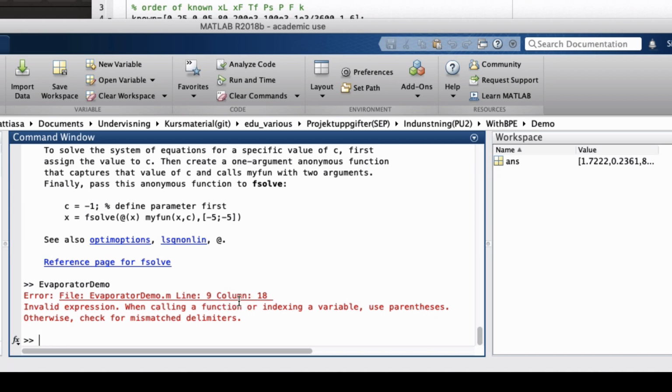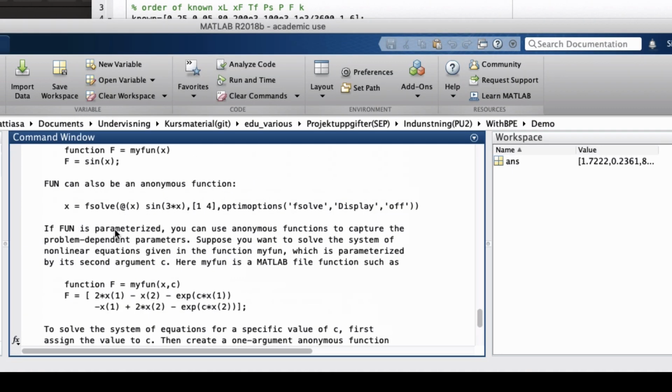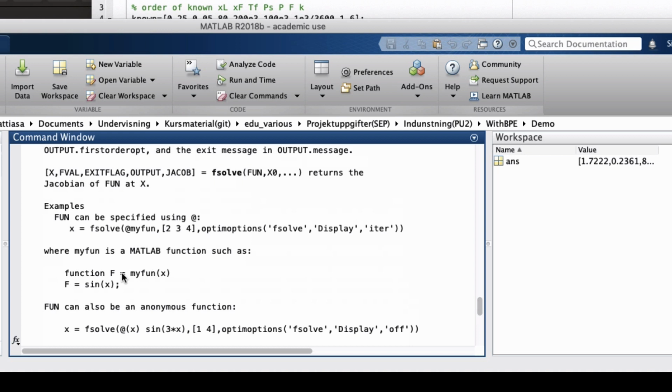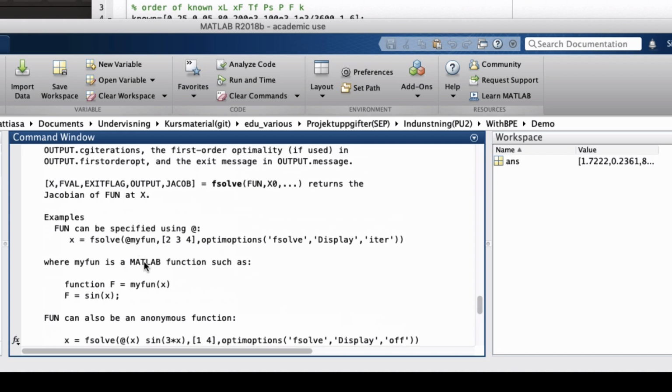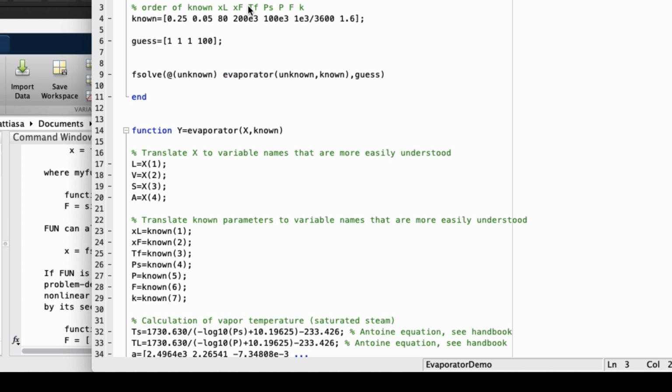Invalid expression when calling a function or indexing a variable. Let's go in there. I think it should be like that instead, not a comma there. If we look at the help again, here you see at X, and then there is no comma there. So this should work.